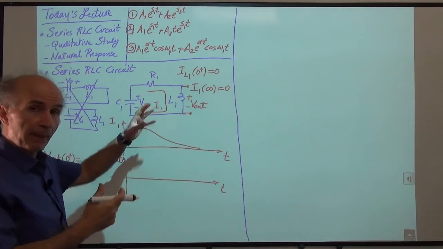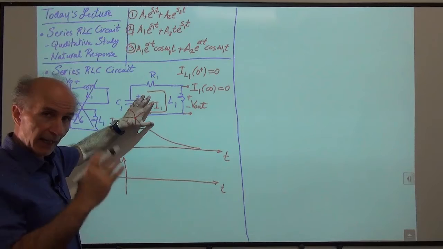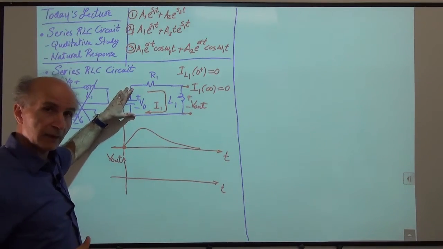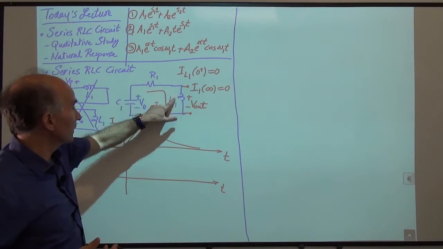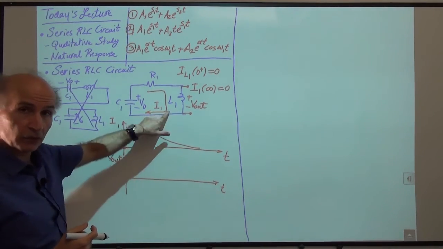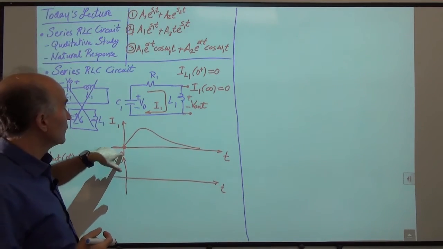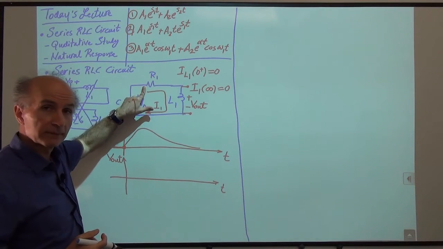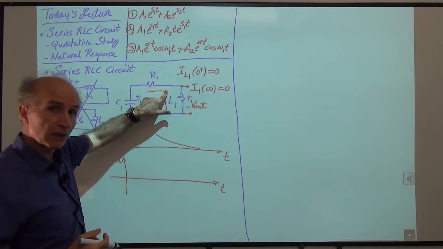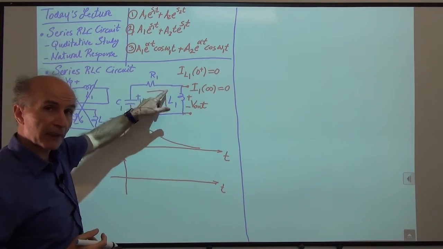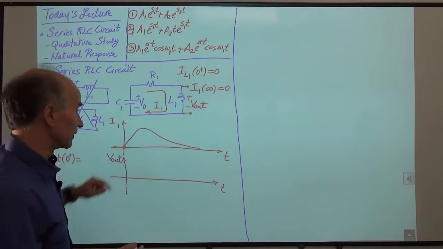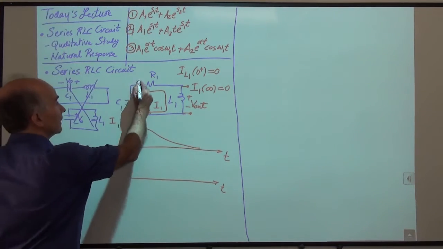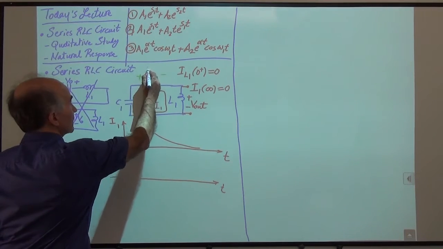All right, so let's go back to the circuit and analyze it at time 0 plus. We still have a voltage of V0 across the cap. That voltage cannot change suddenly. We have no current through this loop because we saw that the inductor dictates that. So if the current through the loop is 0, the current through R1 is 0. If the current through R1 is 0, how much is the voltage drop across R1? That's also 0. I will write this voltage is 0 volts.